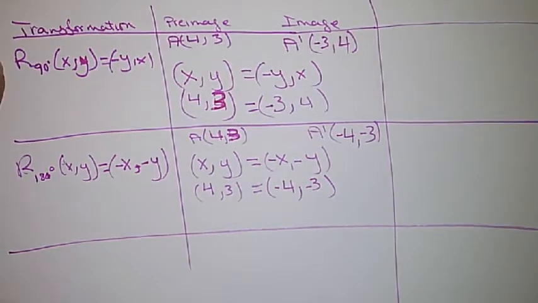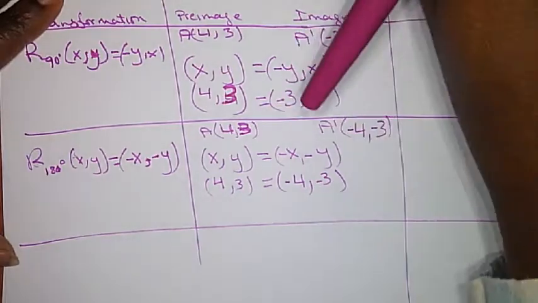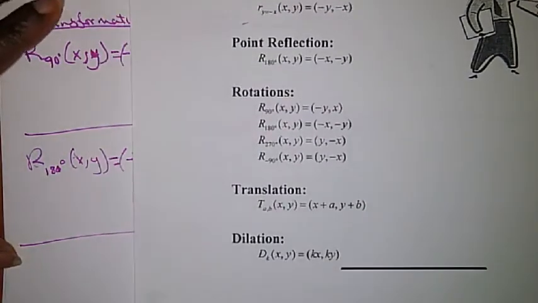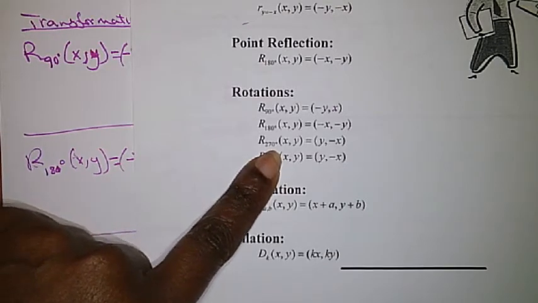Okay, example number 3. We are going to do a rotation of 270 degrees.